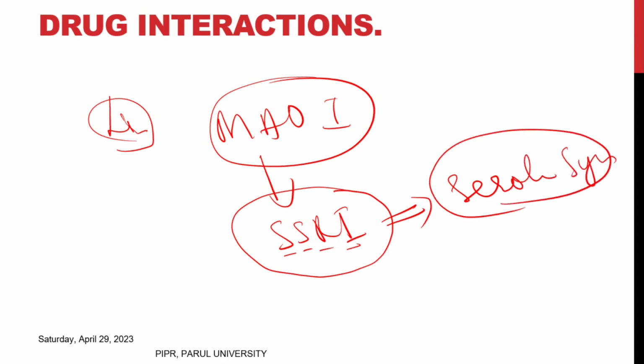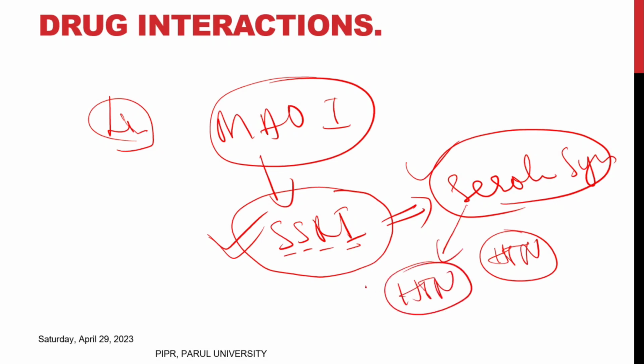So when linezolid is given, avoid SSRIs, or when SSRIs are given, avoid linezolid. If both drugs are given, always monitor the patient's blood pressure, because it may cause serotonin syndrome. In serotonin syndrome, the patient will have excessive hypertension, blood pressure increases, and it may sometimes be lethal.